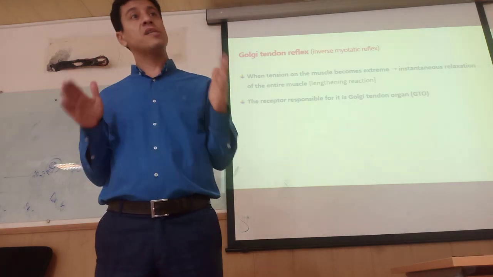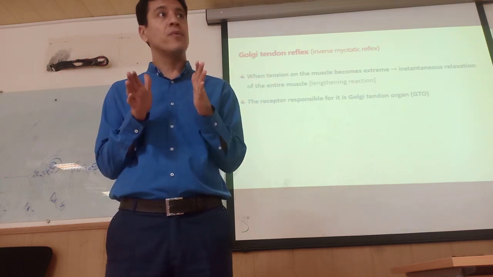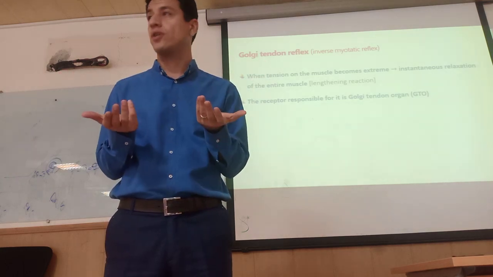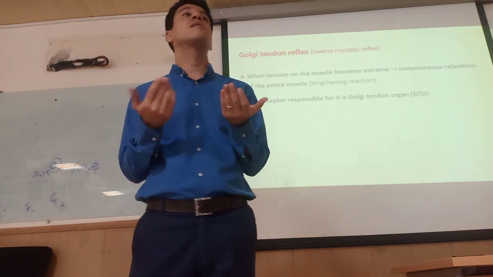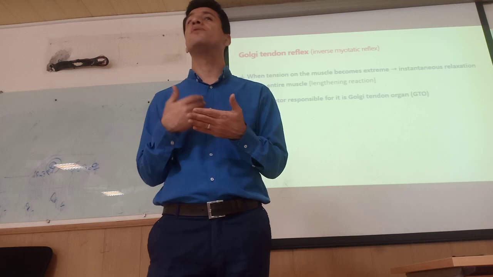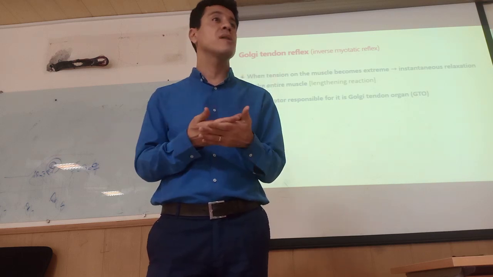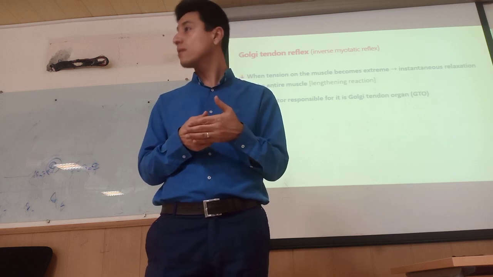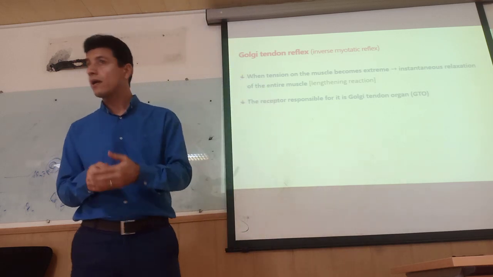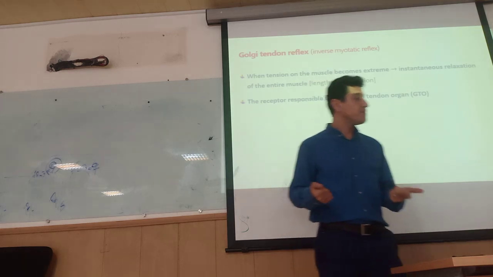Here, the muscle contracts strongly, and the result is relaxation. It's a protective reflex. It actually prevents fracturing the bone, rupturing the muscle, or rupture of the tendon. Okay? It stops very strong contraction.